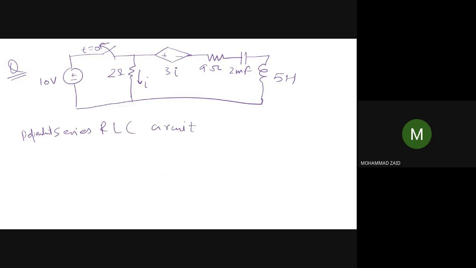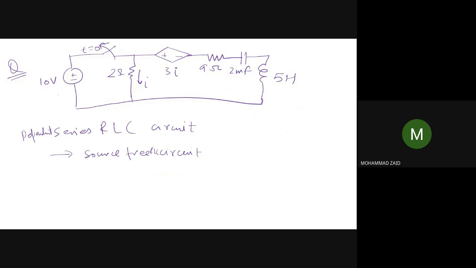Okay, and this is not a simple circuit. It had some voltage source earlier, but when the switch is turned off at t is equal to 0, it becomes a source free RLC circuit. Okay, because now the source is not there. It was there at time t is equal to 0, and after that it has vanished. So you can safely say that now the circuit is behaving like a source free RLC circuit.